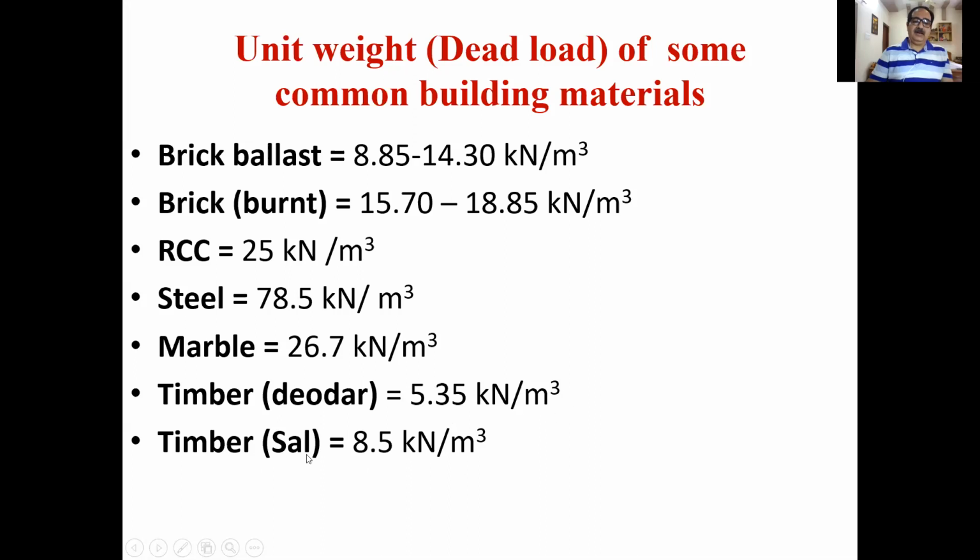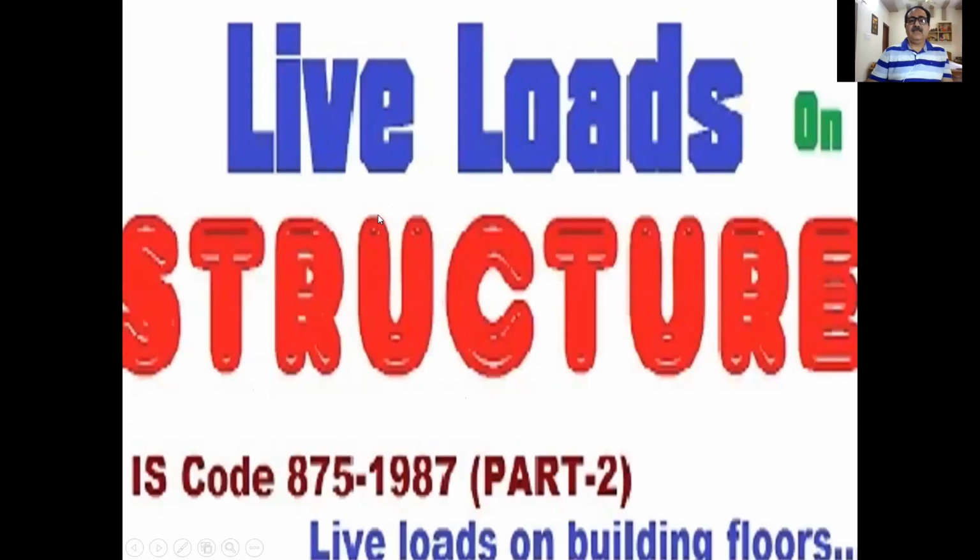And timber sal, a good hardwood, is 8.5 kilonewton per meter cube. All these values have been mentioned in IS 875 Part 1. All the other materials which you can imagine have been covered in this standard to see the dead weights of that particular material.